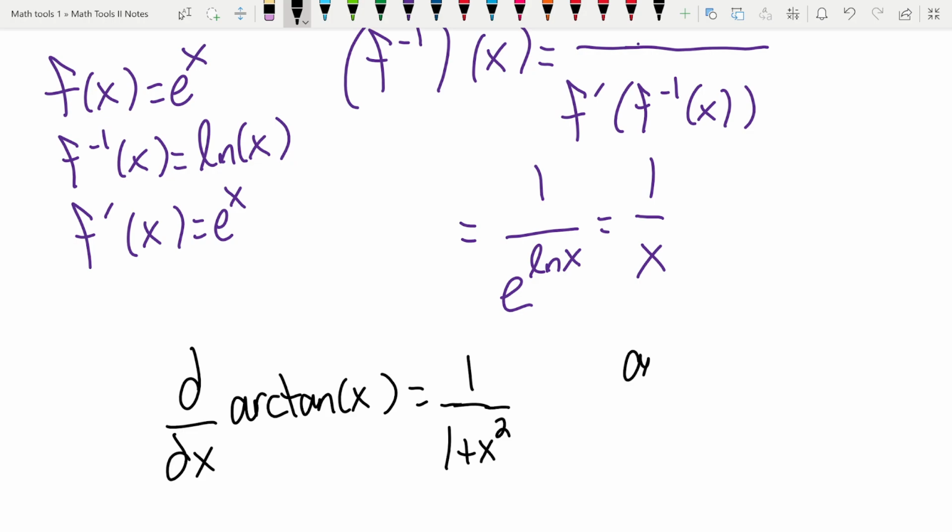Okay, so arctan of x is equal to the inverse function of tangent. We like to use arctan instead because tangent of -1 is kind of ambiguous, whether that means arctan or cotangent, which are reciprocal. So we prefer to use arctan, but if you look on your calculator, it probably says tangent inverse, right? So again, you can use this formula to do that.